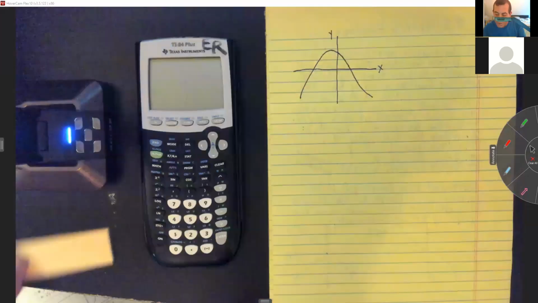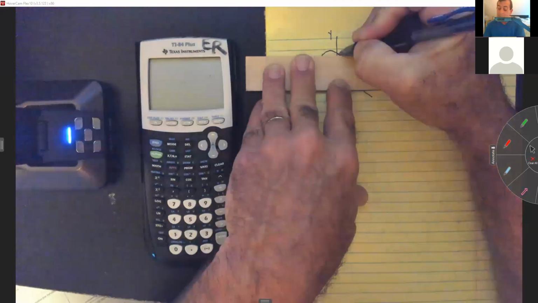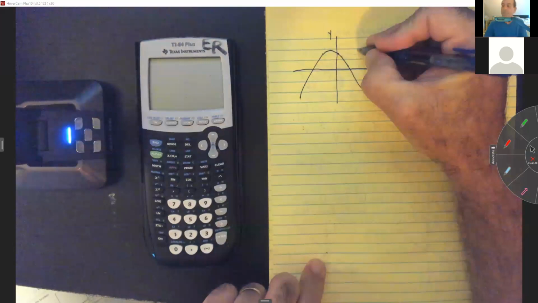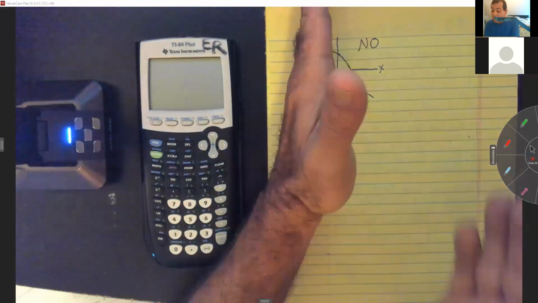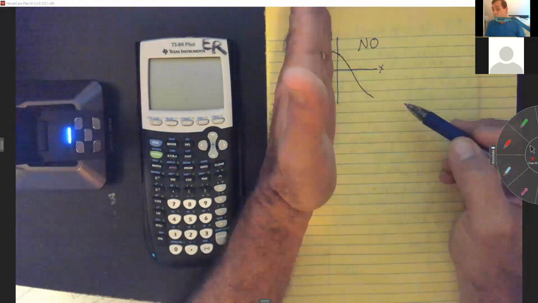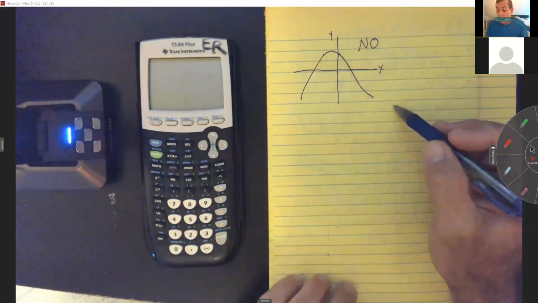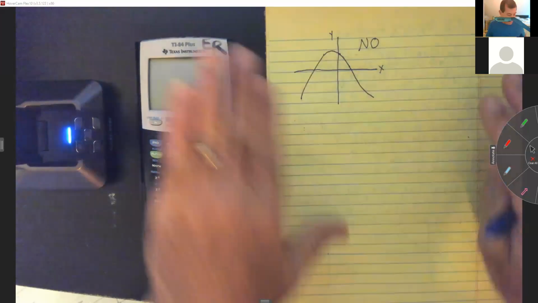So now notice on this one, if I run my horizontal line down it, I'm hitting it on the left side and the right side of my graph. So this would definitely be a no. Now, I'll tell you what they can do, though. They can restrict the domains on these so that only part is shown, and they can make them one-to-one. But if they're using the whole domain on this, then this would definitely be a no.